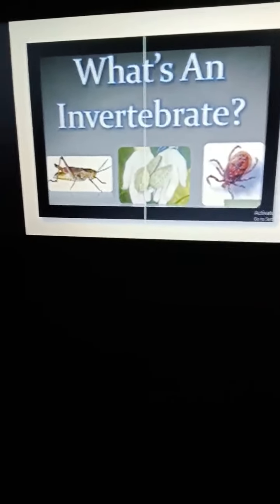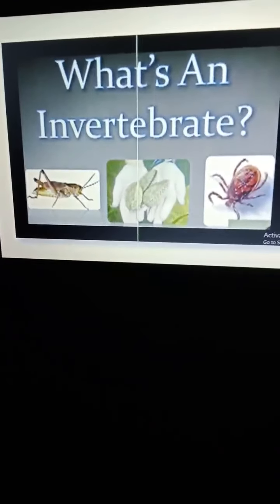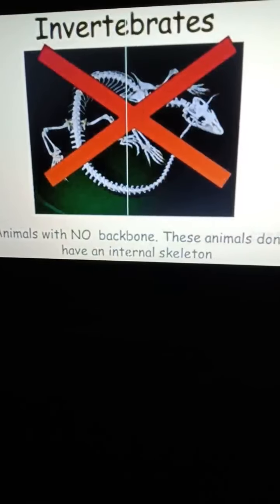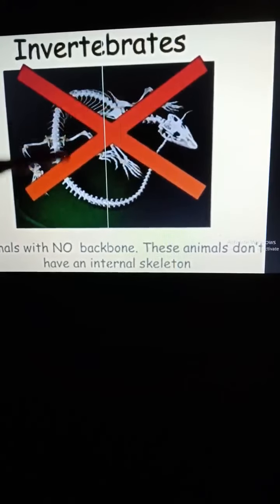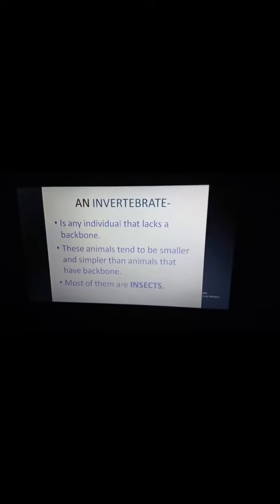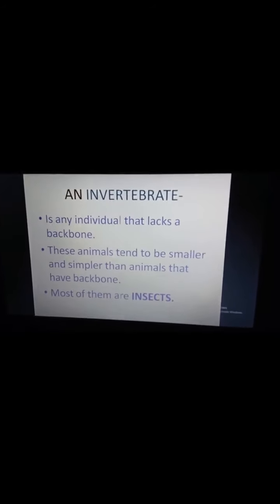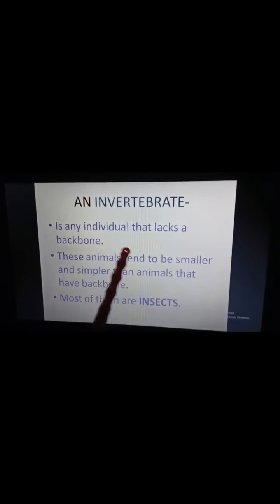Let's begin with invertebrates. Now what is the first thing that comes into your mind on hearing the term invertebrate? That is animals with no backbone and they don't have an internal skeleton. So the clear definition of an invertebrate could be any individual that lacks a backbone.